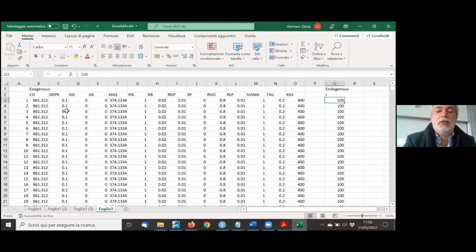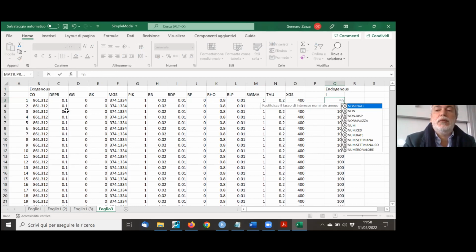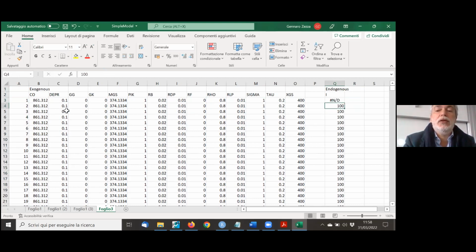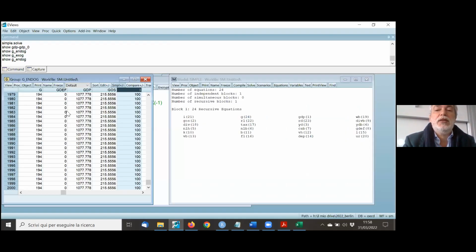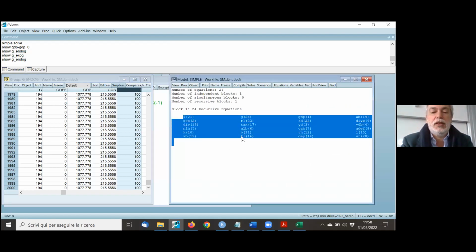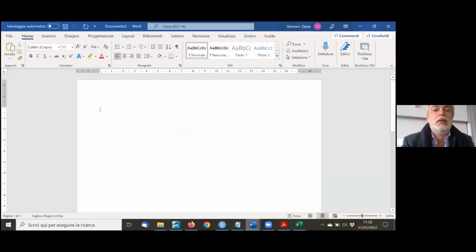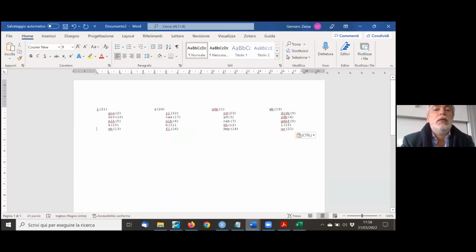So here we will start from the second period, and investment depends on the stock of capital, which is found later on. So basically, I want to have this as a list. I'm not sure that it's easy to do.